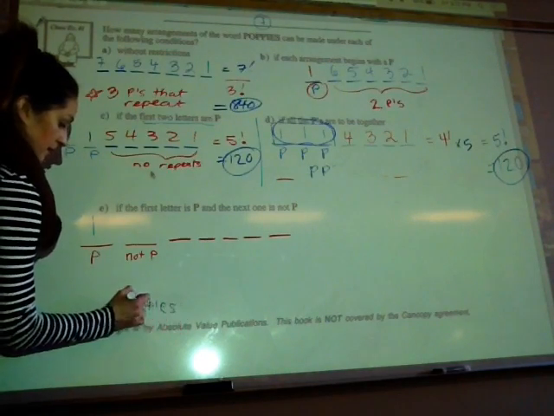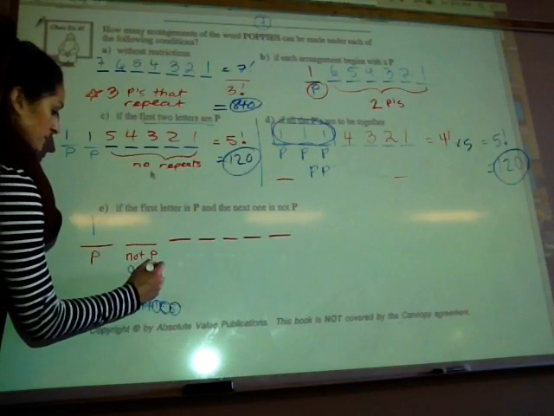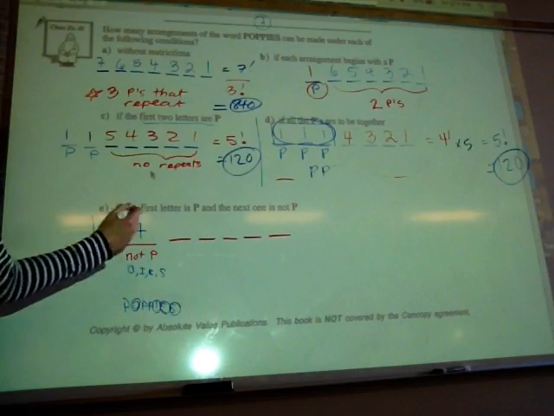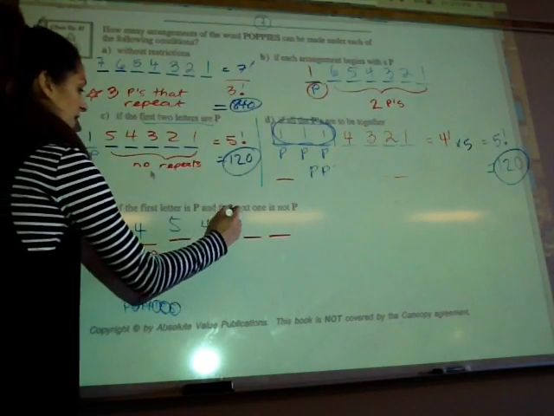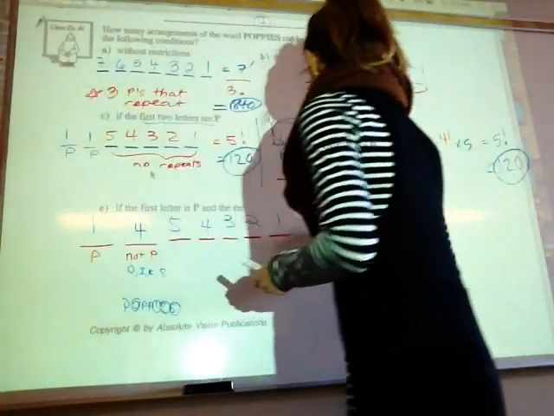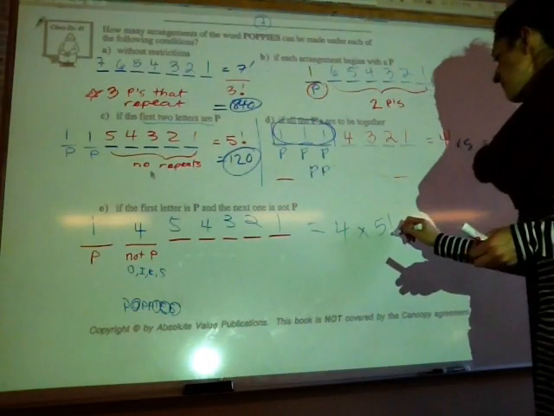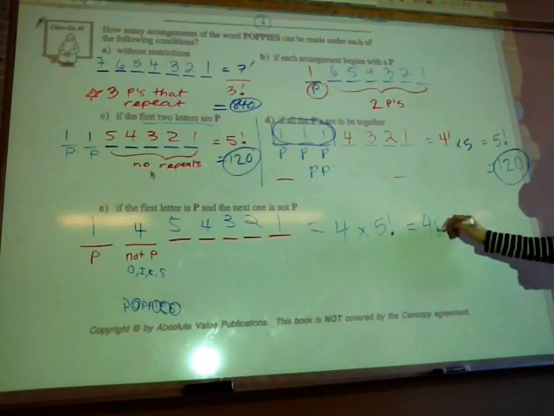So O, I, E, or S. So there's 4 choices there. And then any other restrictions? No. So how many letters do I have left? 5, 4, 3, 2, 1. Okay, so 4 times 5 factorial. So we know 5 factorial is 120. 120 times 4 is 480.